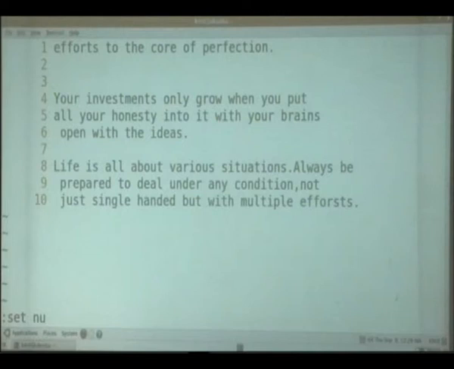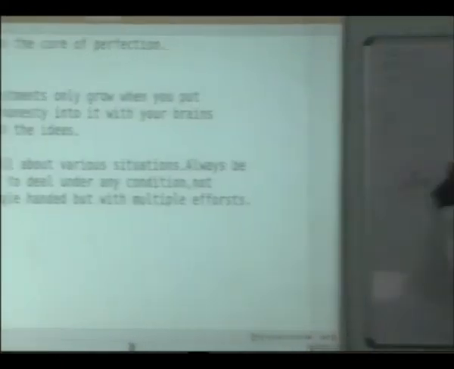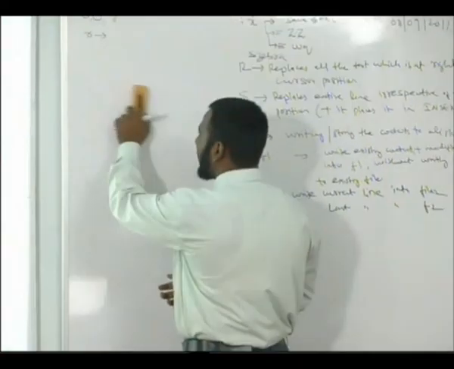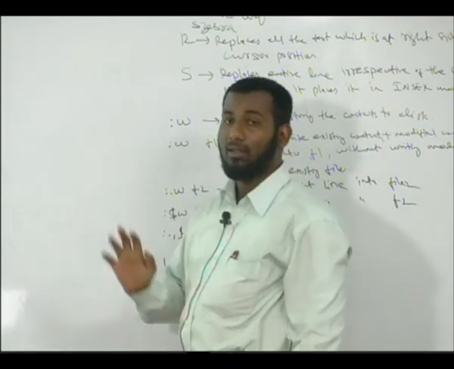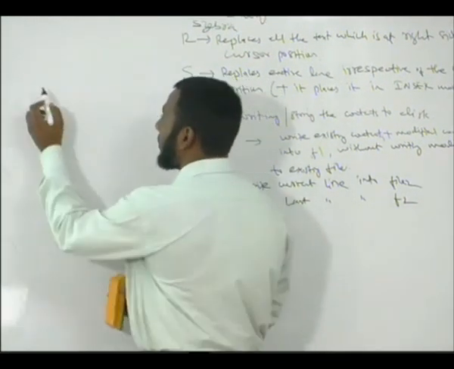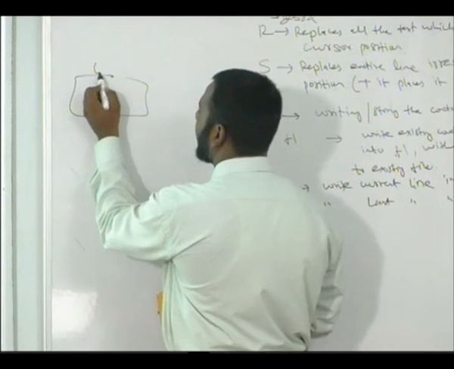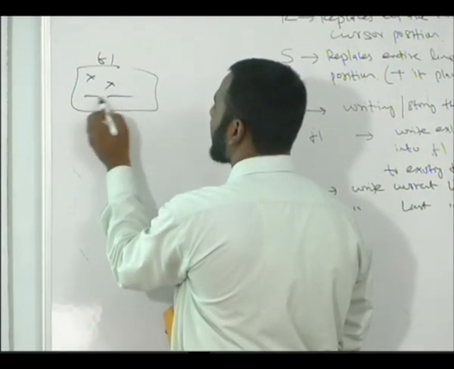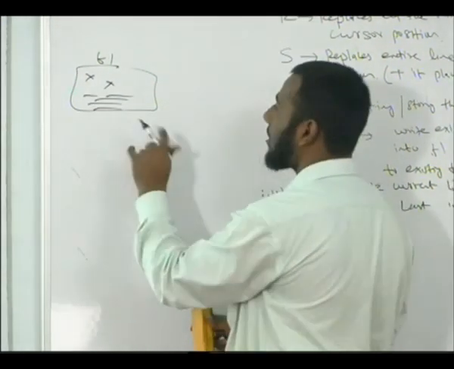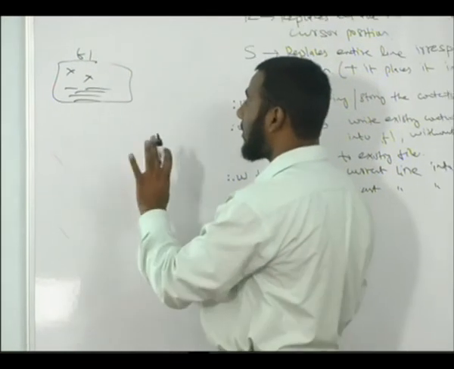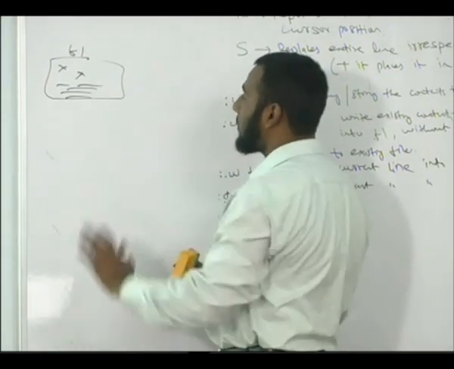Here I can go on typing the contents, editing the content and all, but suddenly what happens, the power has gone, and we know that once the power has gone and we have not saved the contents, there is a chance that we may lose the content of a file. So I just entered into this file called F1 and was doing modifications and writing the contents, and the power has gone. I have not saved the contents to a file.